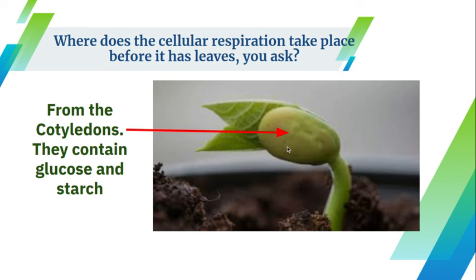So that's how cellular respiration takes place in a germinating seed. Its sugar is found in the cotyledons, these parts of the seed right here. Once the leaves are developed, of course, photosynthesis is going to create everything necessary for food development, which creates the glucose, which enables cellular respiration to take place.